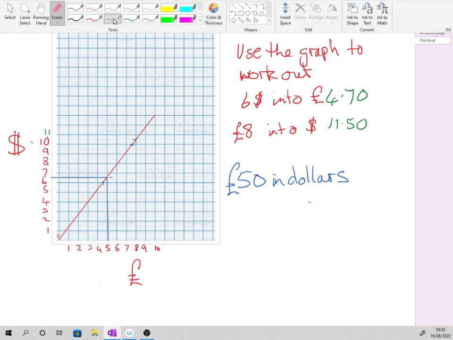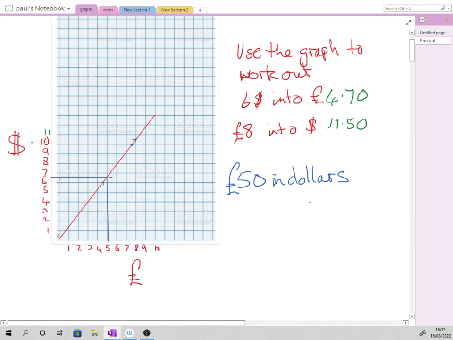So £5 is about $6.60. So we just multiply by 10, don't we? By 10, not 11. So 5 will be 50, therefore £50 will equal, multiply that number by 10, $66.